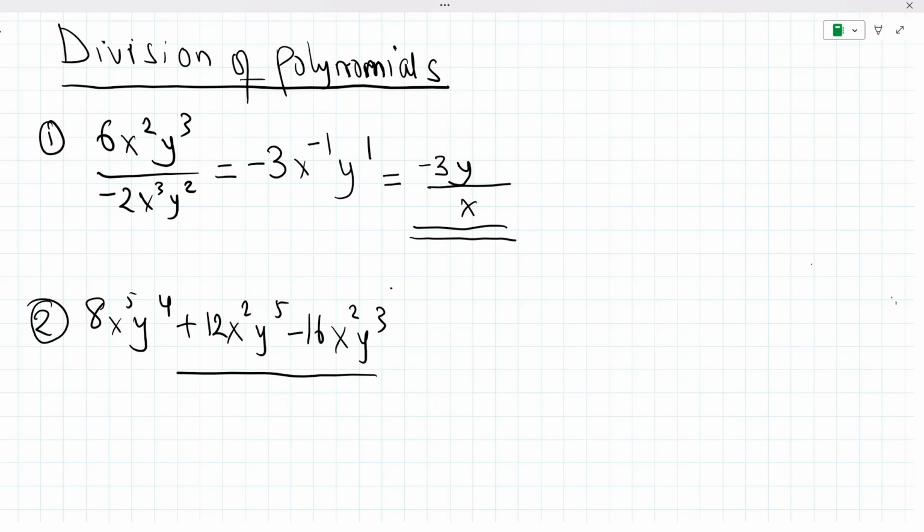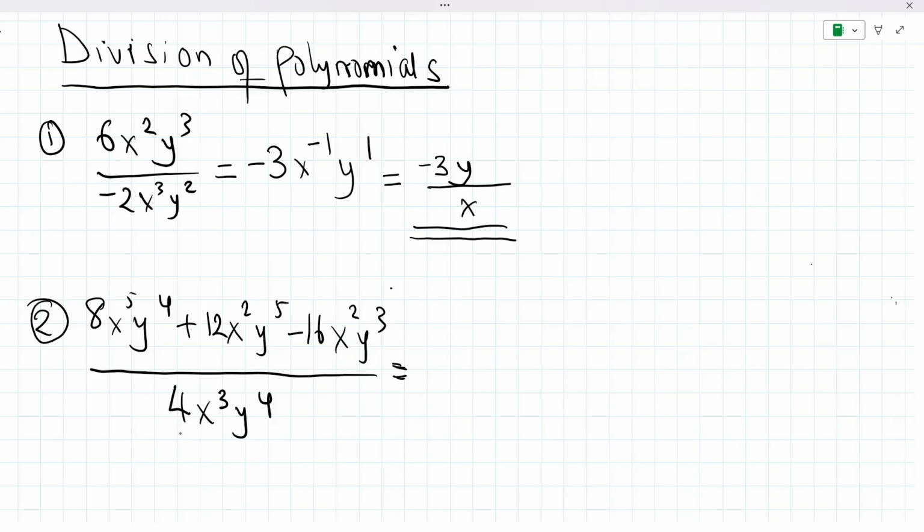And this is all being divided by 4x cubed, y to the power 4. This is a little bit more complex, or it's a bigger expression to simplify or to divide through, but again, we'll do it step by step.